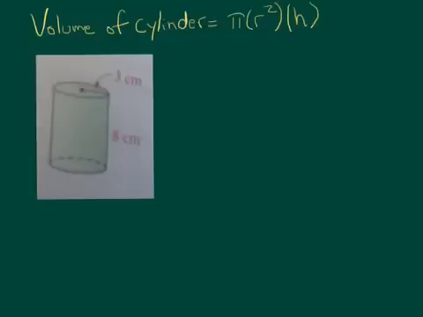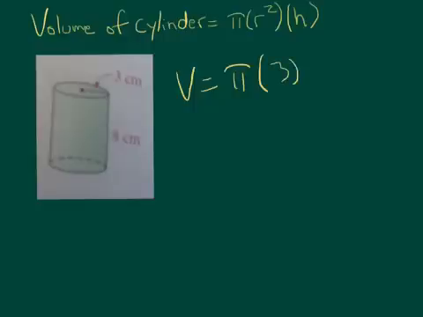The second equation we'll be looking at is for the volume of a cylinder, and as you see above, the volume of a cylinder is going to be equal to pi times the radius squared times the height. So if we take this example from your book, then the volume is equal to pi times the radius squared, which in this case is 3.